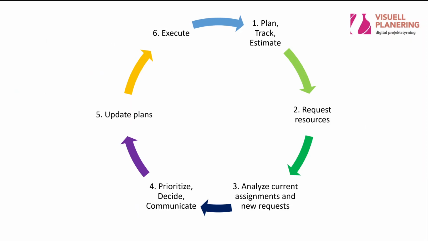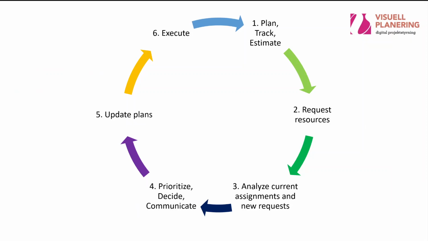A process for resource management is very important because without the process you will end up in ad hoc prioritizations, and that will most likely not give you the results you want. So you need to follow this circle. You need to plan, track, estimate the work. Where there are needs, there needs to be a process to request resources.